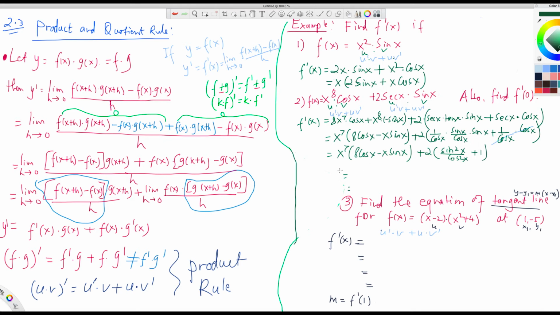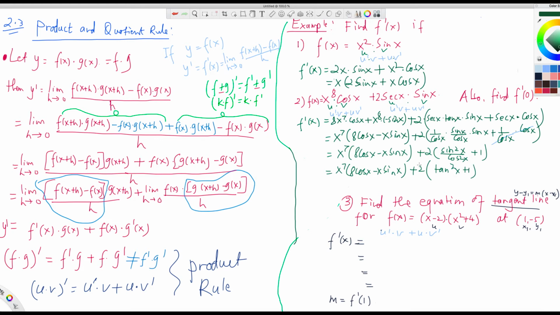You write down the x to the 7 as it is, times 8 cosine x minus x sine x as it is, okay? x to the 7, 8 cosine of x minus x sine x plus 2. What is sine square over cosine square? That is tangent square x, plus 1.